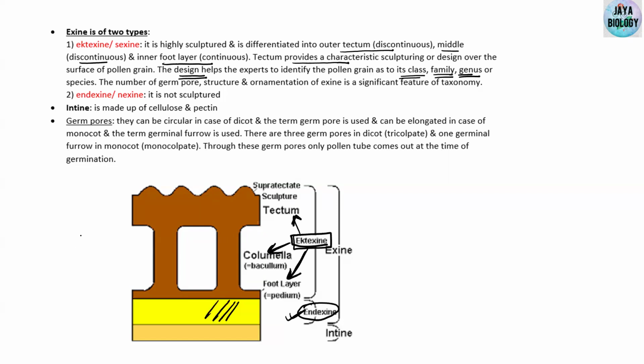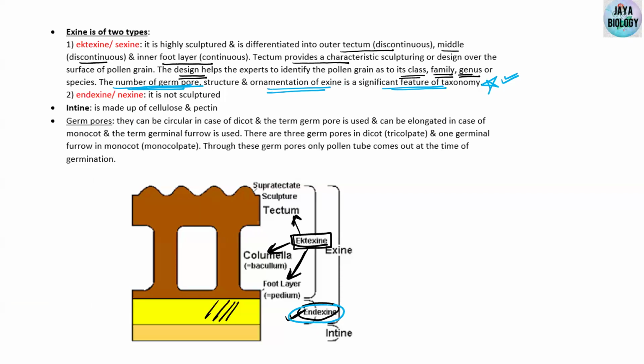Is it clear? Even the number of germ pores are the areas where sporopollenin is absent. So number of germ pores, ornamentation of exine is a very significant feature for taxonomical studies. And this is made with the help of exine only.